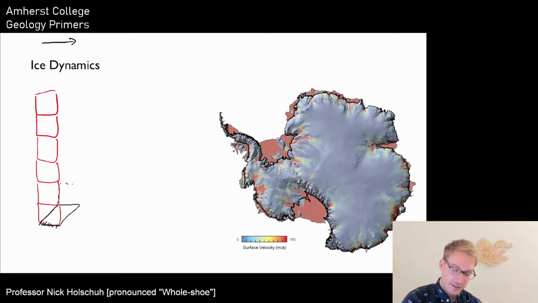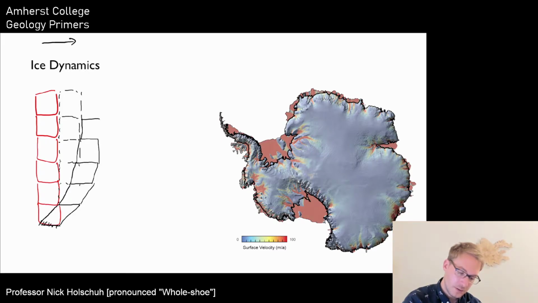That carries with it all of the boxes that sit on top. But those boxes are also deforming. They're deforming a little bit less and a little bit less as we get closer to the surface. But each deforming box in our glacier is carrying with it all of the ice above. To the point where we may expect the deformation of the system to result in an ice column that looks like the one I've just drawn in black, where at the base of this glacier, you're not moving much at all.